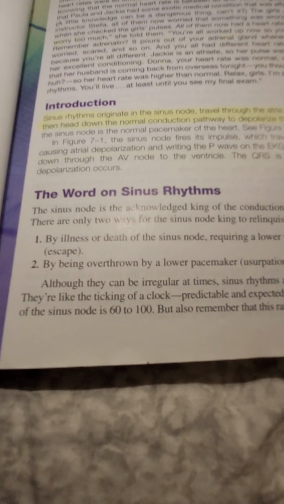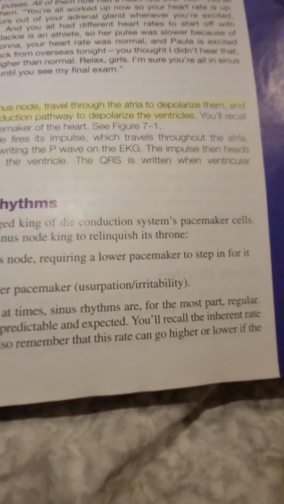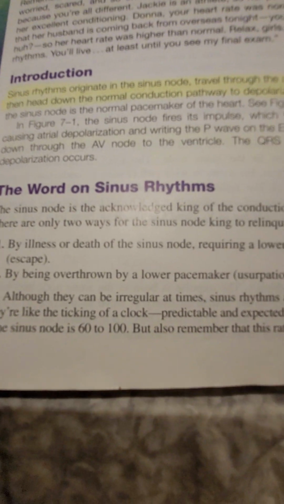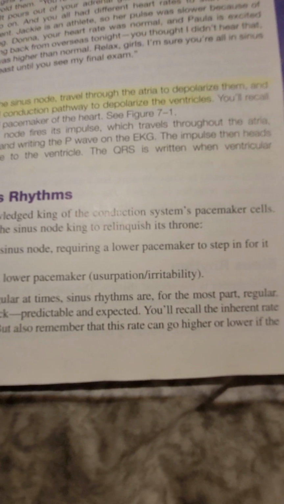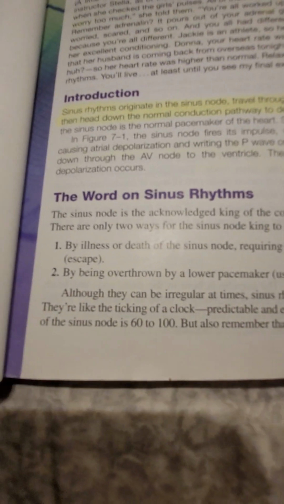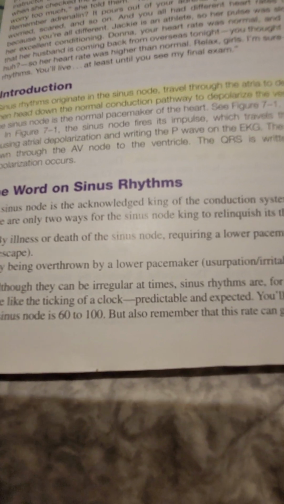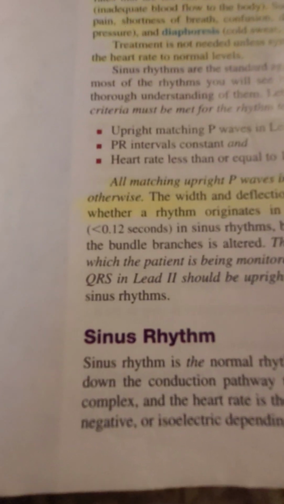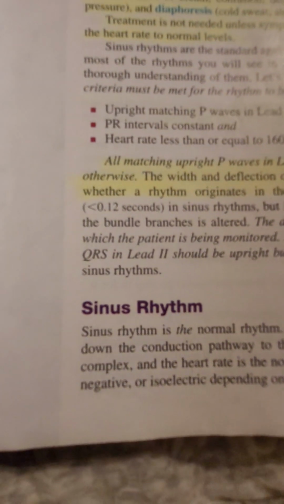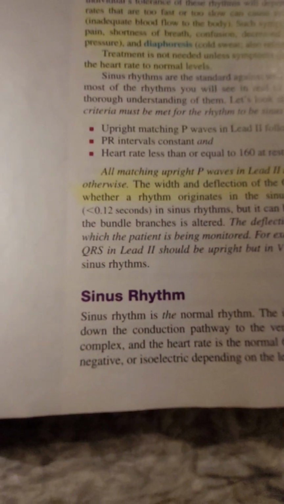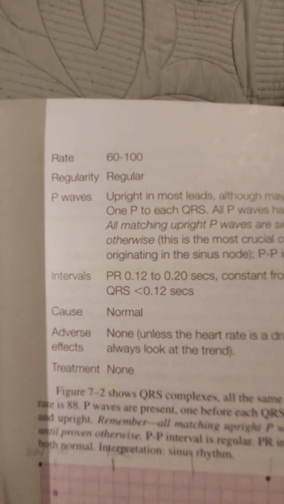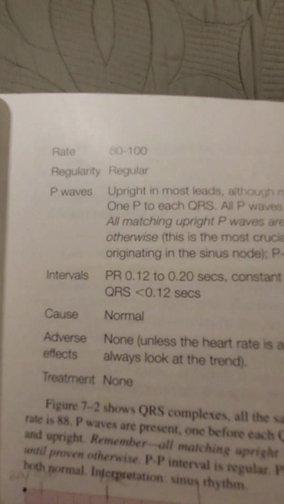It says, although they can be irregular at times, sinus rhythms are, for the most part, regular. They're like the ticking of a clock, predictable and expected. You'll recall the inherent rate of the sinus node is 60 to 100, but also remember that this rate may go higher or lower. So the first rhythm we have is a sinus rhythm. This is how you can tell it's a sinus rhythm: 60 to 100 beats per minute.